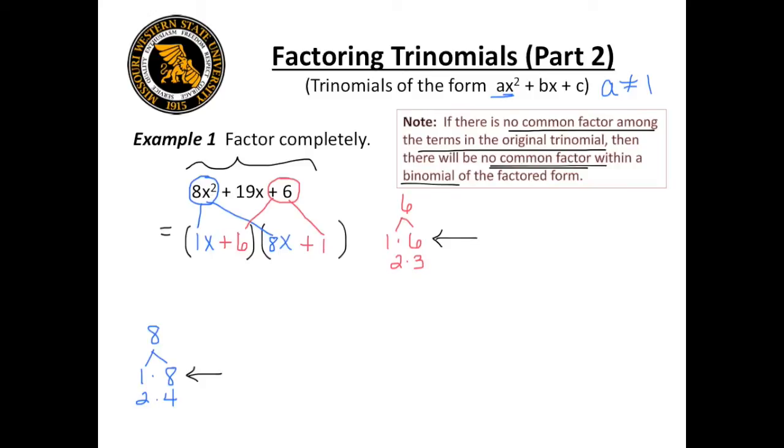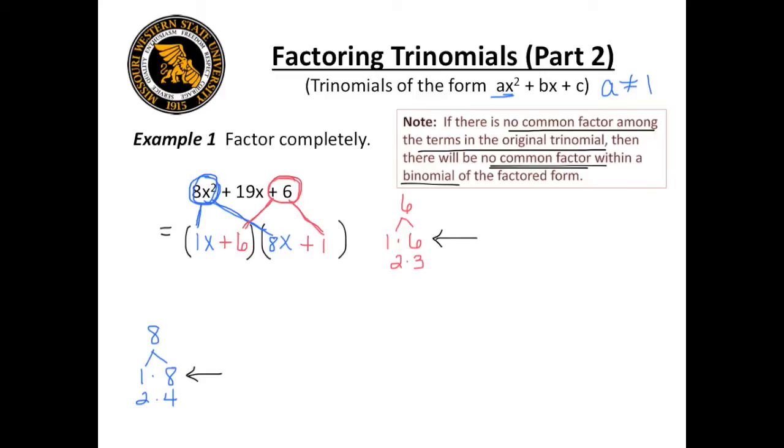Now neither binomial has a common factor, which is a good thing. So we're confident that 1x times 8x gives us the 8x squared in the front of our trinomial, and we're confident that plus 6 times plus 1 gives us the positive 6 at the end.